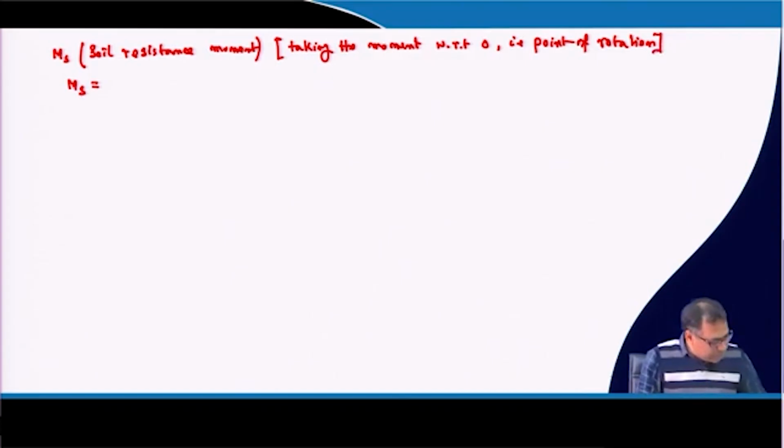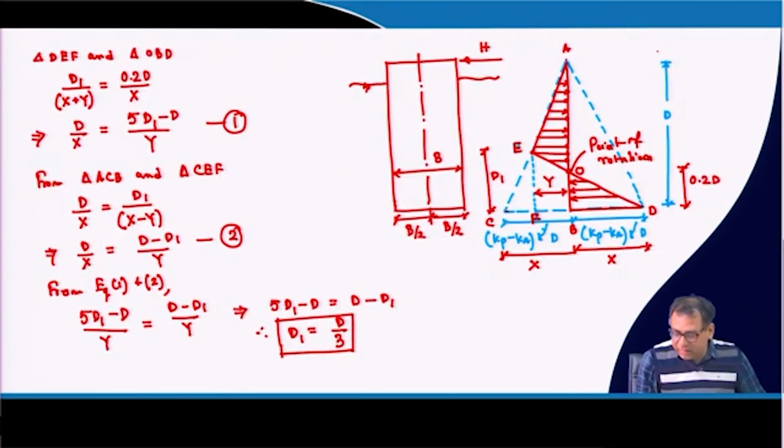Now, if I take the moment with respect to O, what are the moments? The moment above the point O and the moment due to the soil resistance below the point O both act in the same direction, so we have to add them. Okay? And then we have divided it into 3 parts.